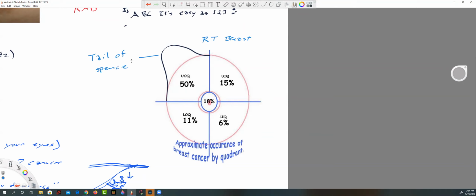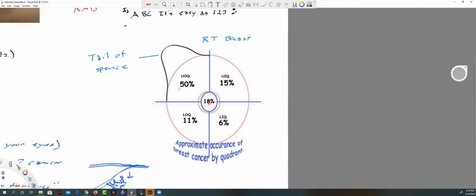Small-breasted women barely even have a tail of Spence at all. Larger breast women do have a tail of Spence. So upper outer, upper inner, lower outer, lower inner, nipple. So 4 quadrants plus a nipple region or an areolar region.